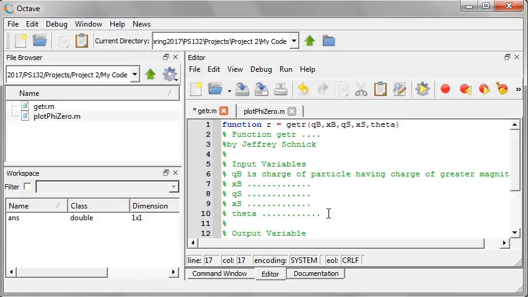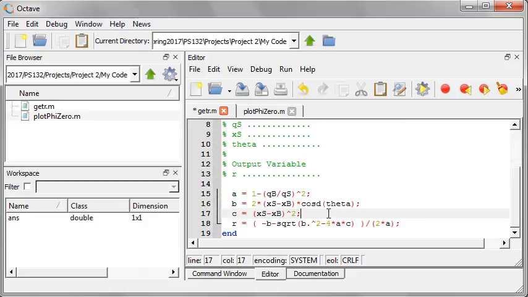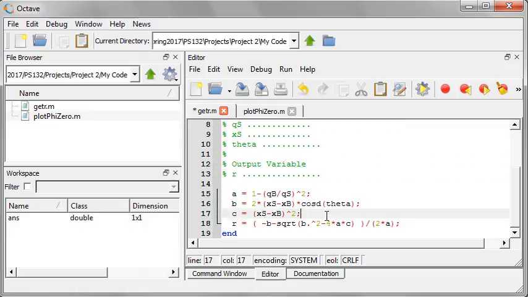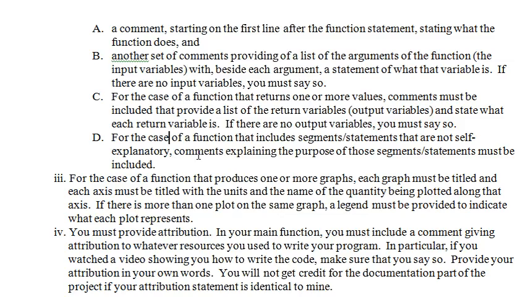So I think that one is self-explanatory enough. Okay. So let's see what else we're supposed to do.